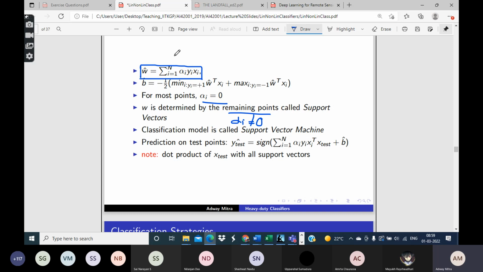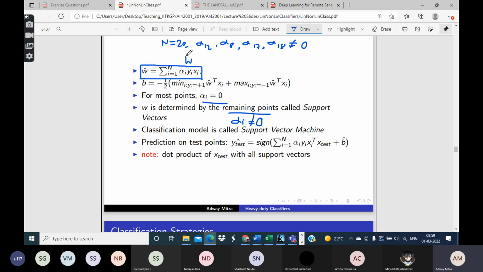For example, let us say that n equals 20, out of which only alpha 8, alpha 12, alpha 17, and alpha 18 are not 0, the rest are all zeros.